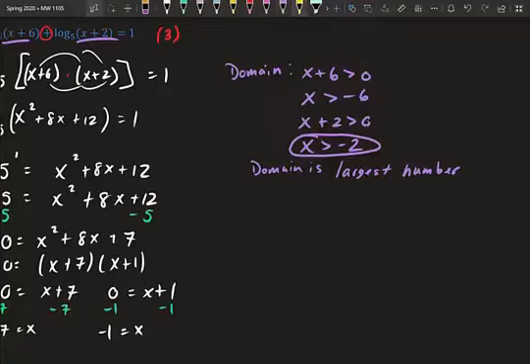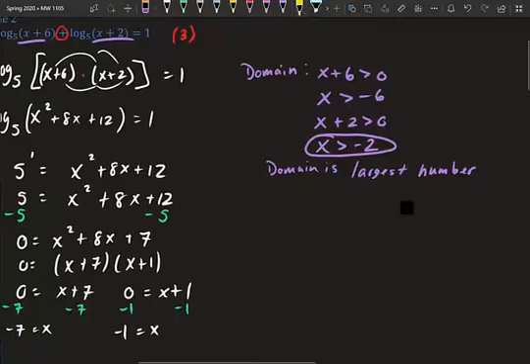Meaning, okay, so keep up with me. I'm not going to write it down, but I'm going to talk you through it. Let's hypothetically say x is negative 7. That's not a hypothetical, it's true. So if we put negative 7 here, it's not greater than negative 6, and it's not greater than negative 2.